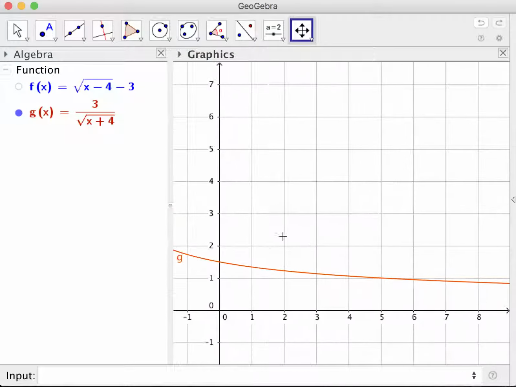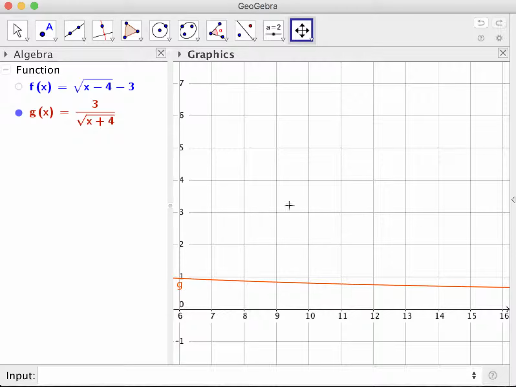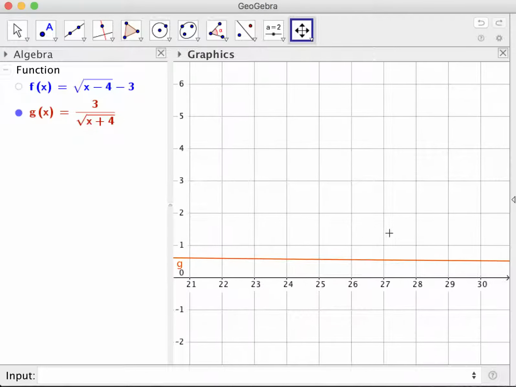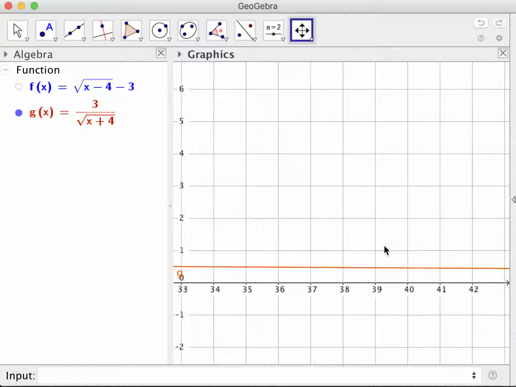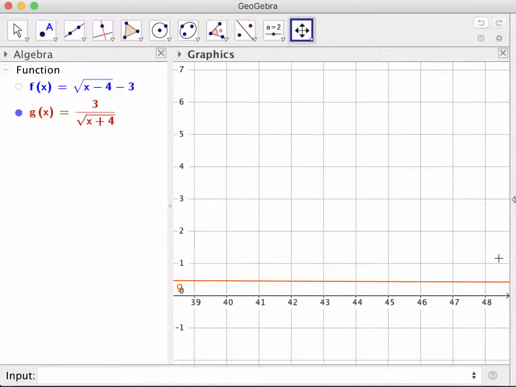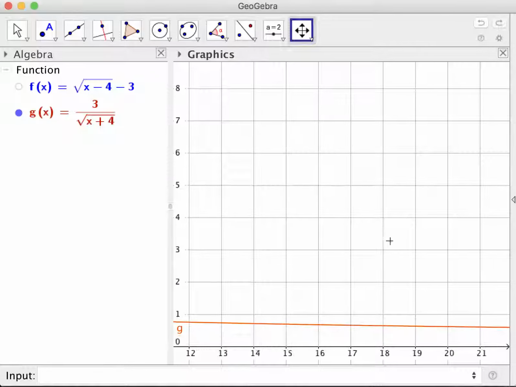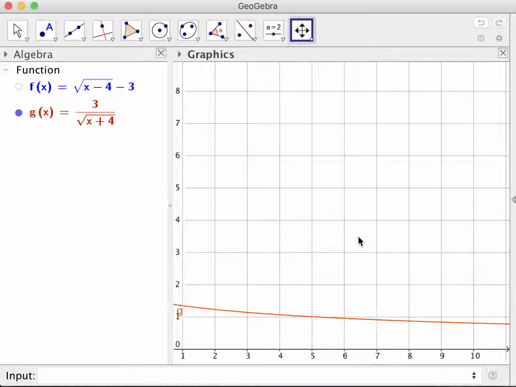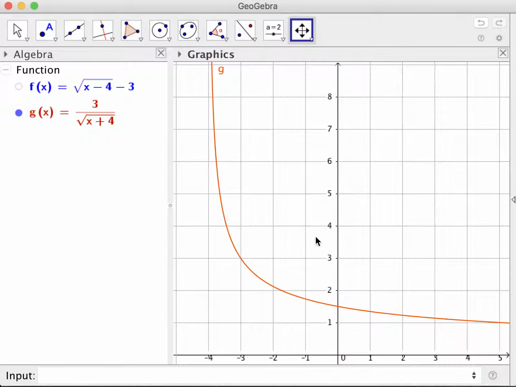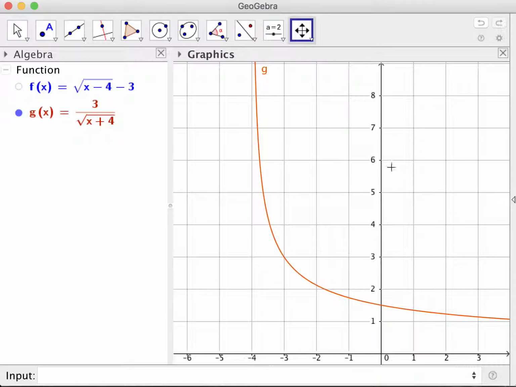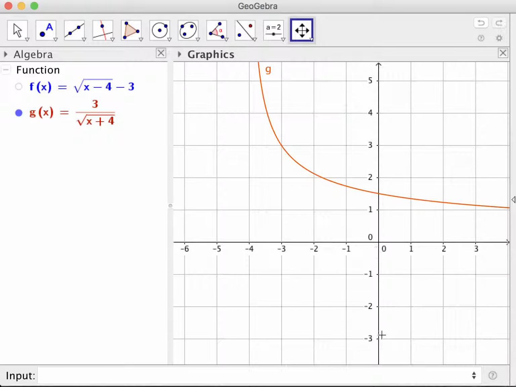Now, for the range is the y value, di ba? Y coordinates of the points of the graph. So, katulad nung isa na yun, palapit din to ng palapit sa x-axis. Which is y equals 0. Pero actually, hindi yan didikit. Ang x-axis at saka y equals 0, pareho lang yan, di ba? Kasi pag ito yung y-axis natin, di ba? Pag sinabi mong y equals 2, you're actually talking about this line, y equals 2.